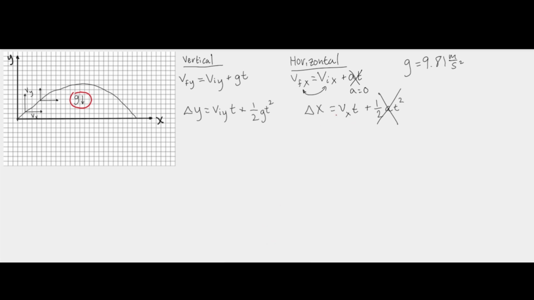So in the book, all it lists is this equation right here: delta x equals v sub x times t. It does not list the first equation, and it doesn't list the component that tells us the acceleration and how that affects the change in position, because there is no acceleration in the horizontal direction.